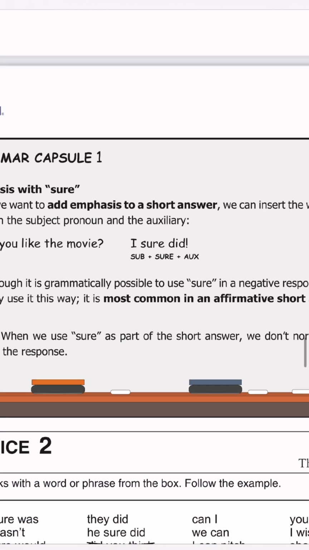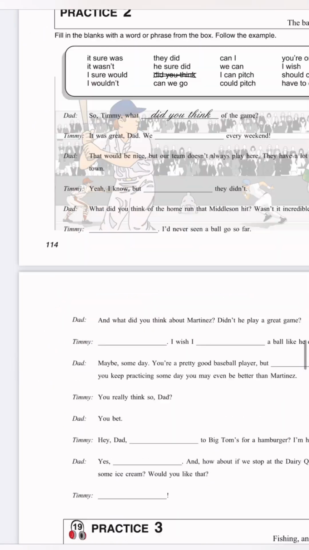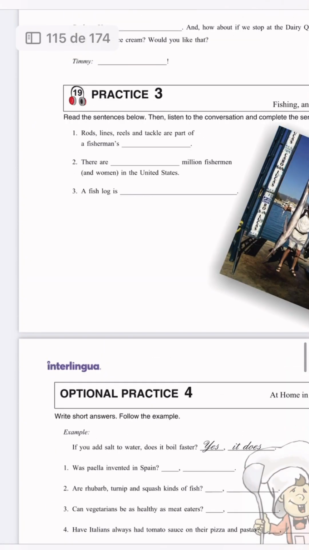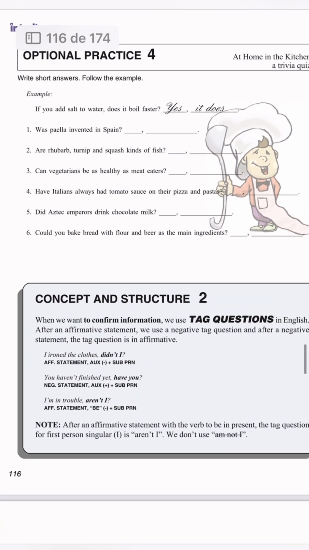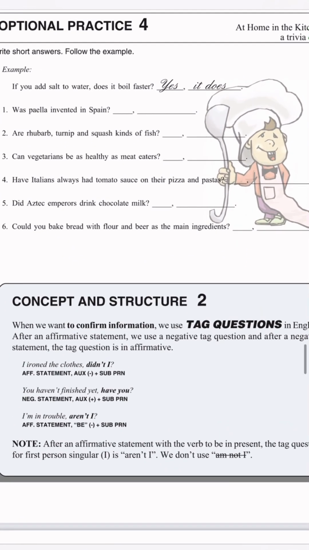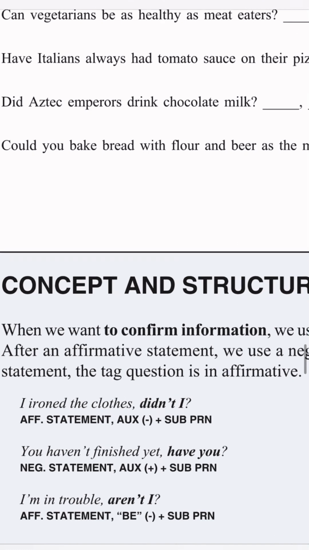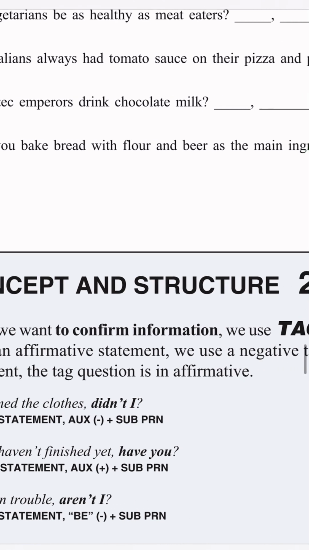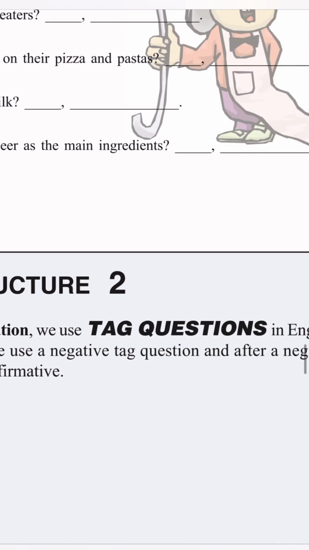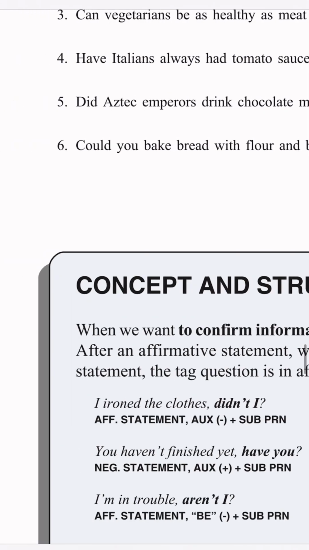We have here practice number 2, practice number 3, practice number 4, and concept and structure number 2. When we want to confirm information, we use tag questions in English.